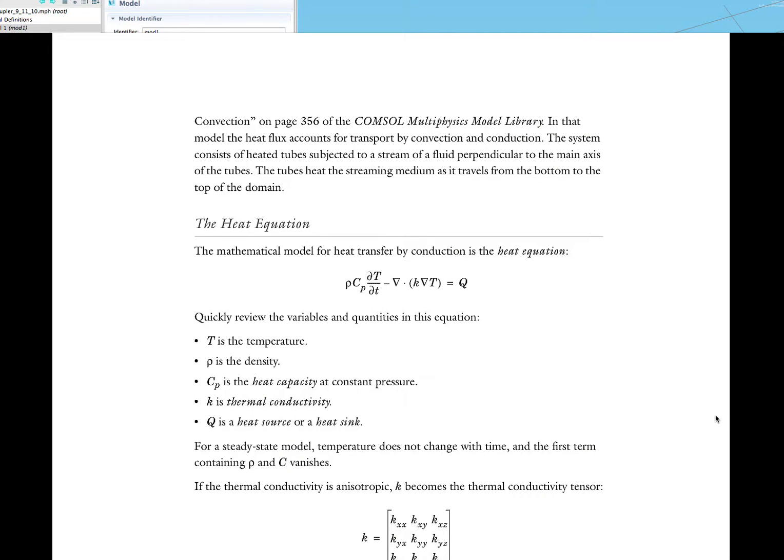And the module has a mathematical model that exactly mimics what we've learned in our last lecture: rho c sub p dT/dt minus the divergence of the flux equals the internal heat source.